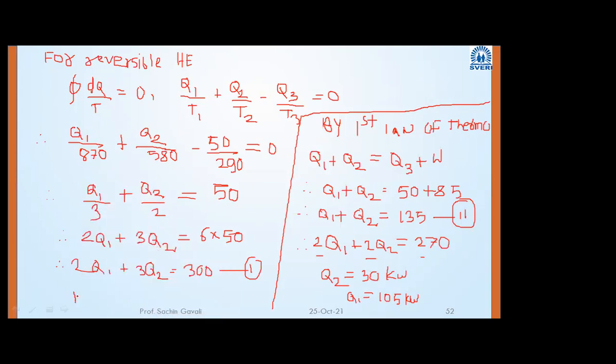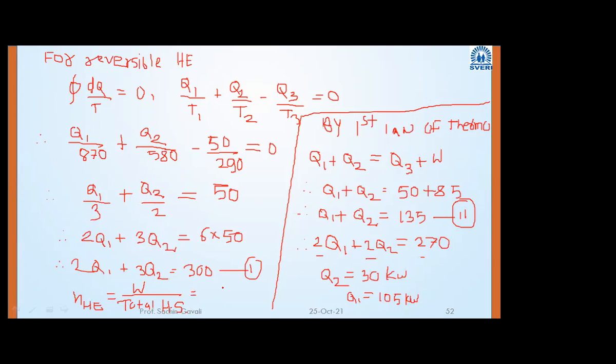Efficiency eta of heat engine is equal to what? Work obtained divided by, आता इथं काय करायचं, total heat supplied. I am writing heat supplied. How much it is coming now?